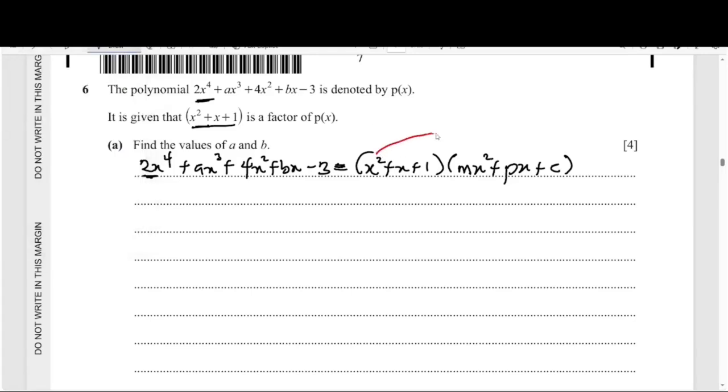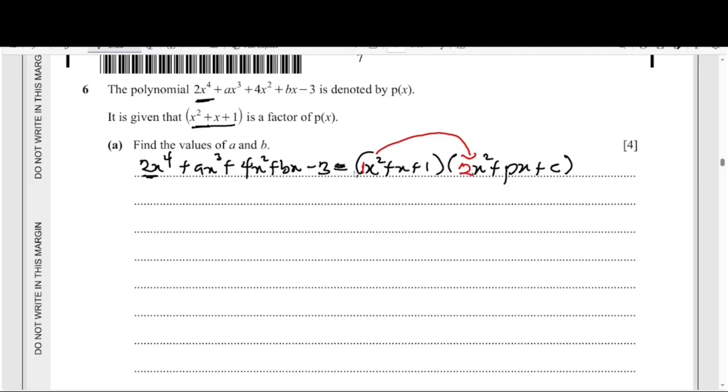So this term times this term will give us the x^4, but the number here is 1, and the number in this part is m. So we just need to find what number m should be so that when we multiply by 1, we produce a 2 here. Certainly m has to be 2. So I'm going to erase m and replace it by 2.